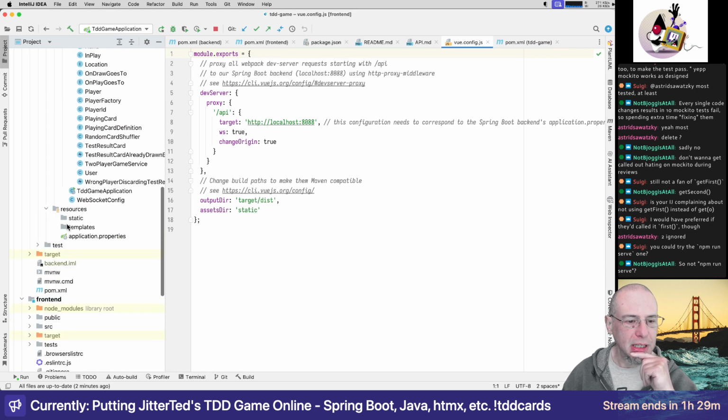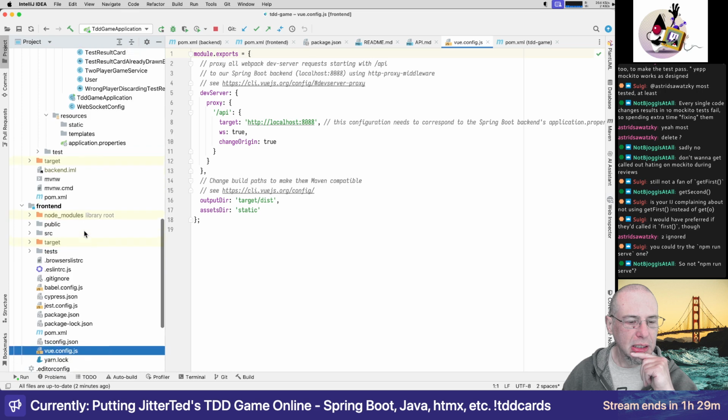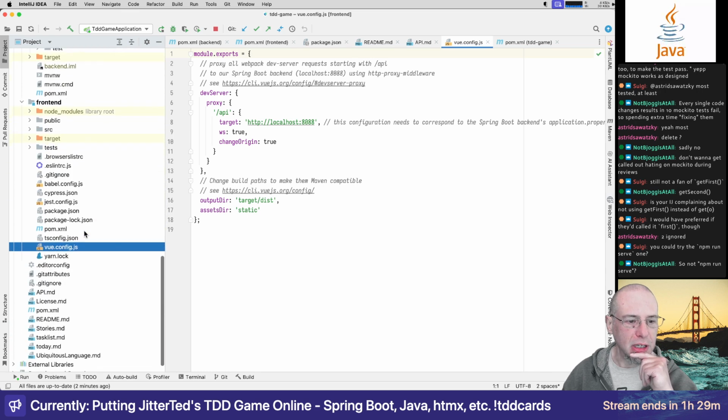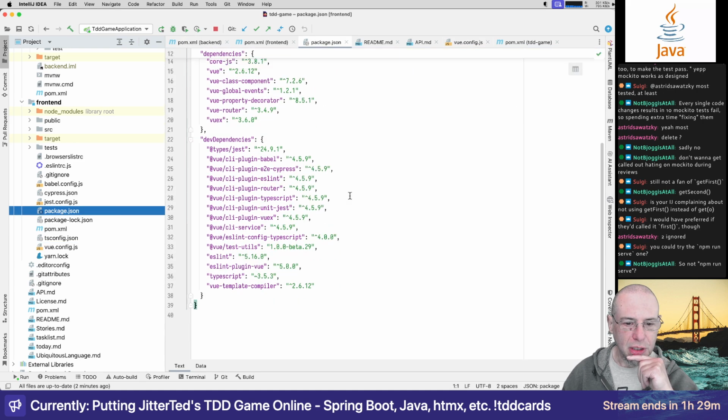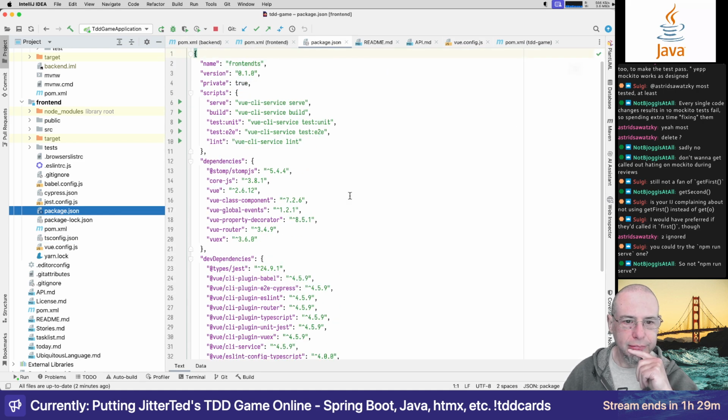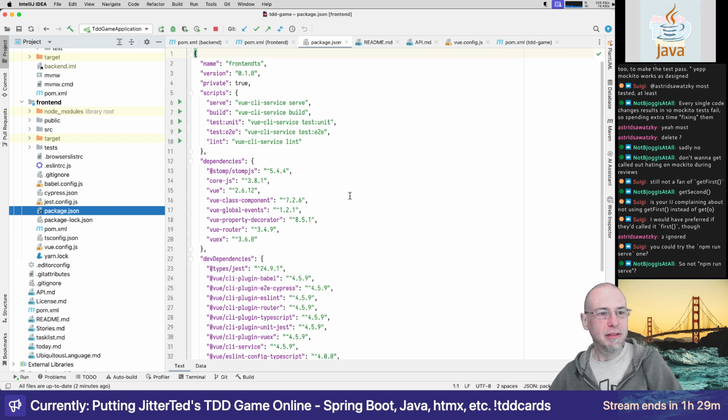I think it might be... No, it was run as a separate thing. So... yeah, I guess I could do npm run serve. Let's do that.